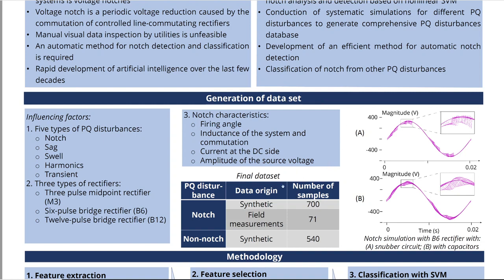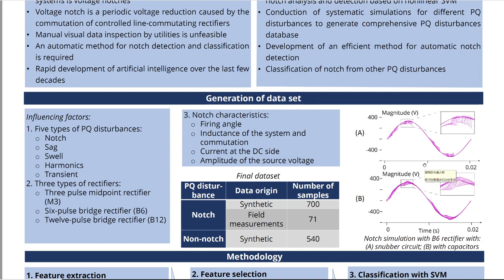Additionally, 71 examples of notch from field measurements were added in the dataset. Finally, 1,311 samples of PQ disturbances were generated as dataset for machine learning.